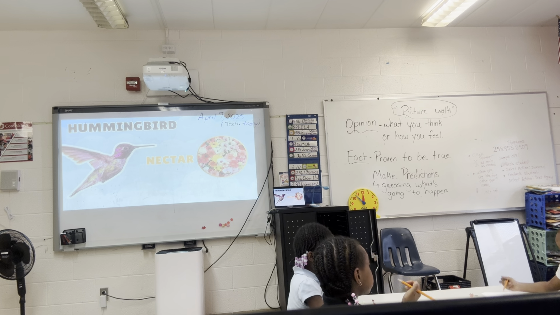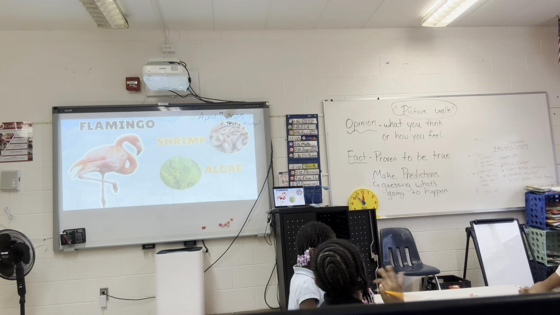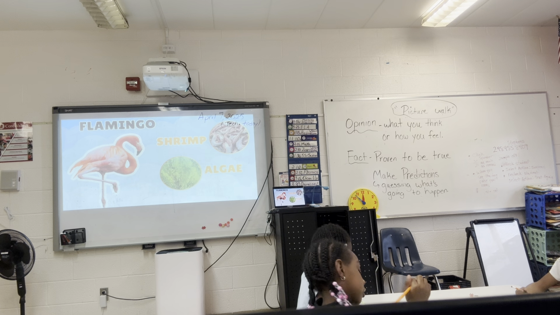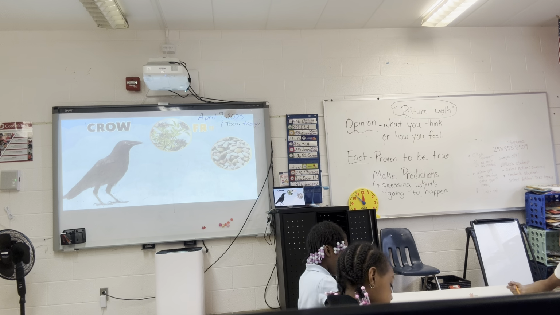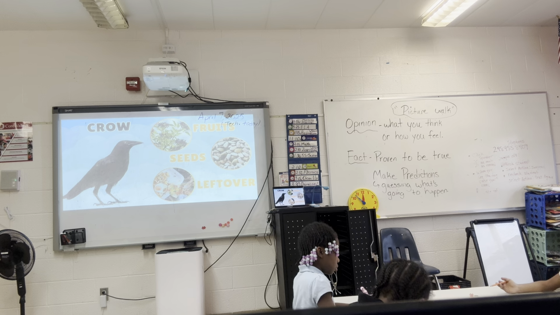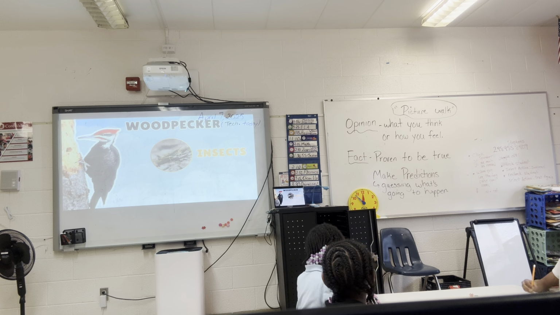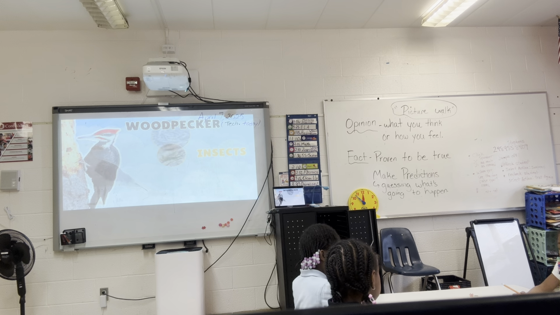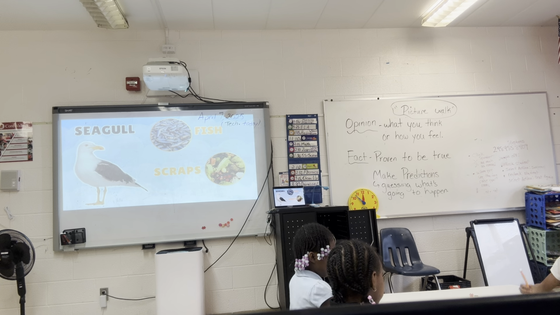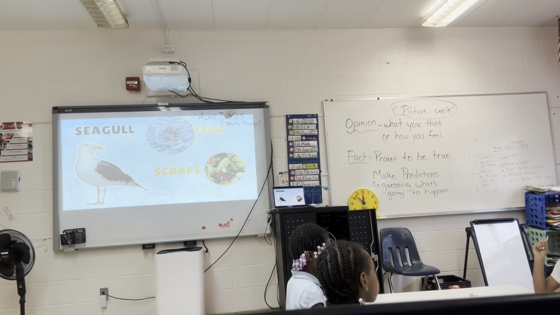Hummingbirds drink sweet nectar from flowers. Flamingos eat tiny shrimp and algae that make them pink. Crows eat fruits, seeds, and sometimes even leftovers. Woodpeckers peck wood to eat insects. Seagulls eat fish and scraps they find near the shore.